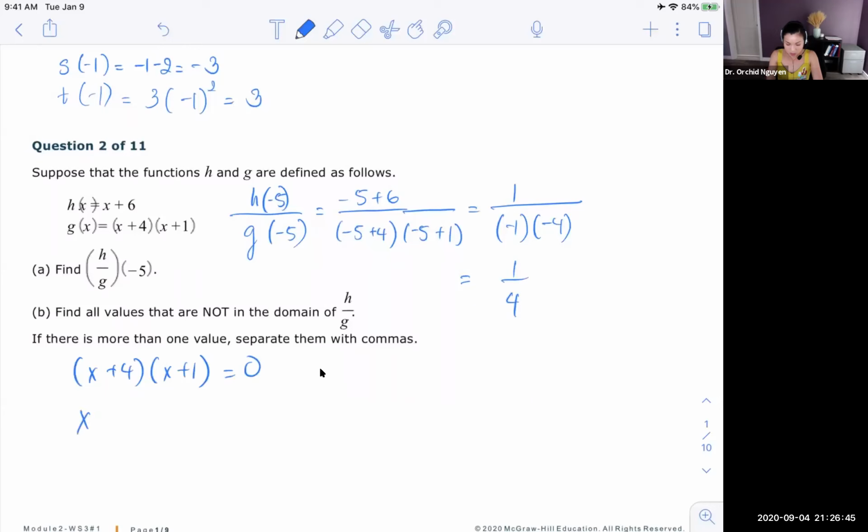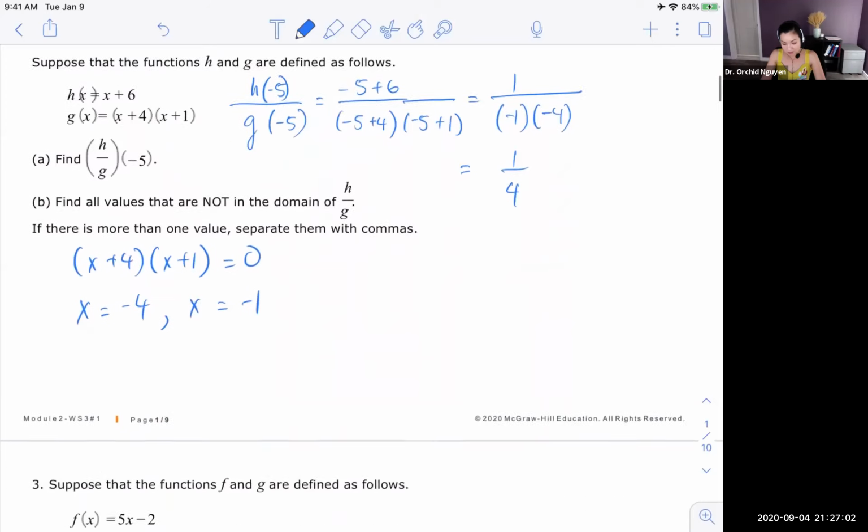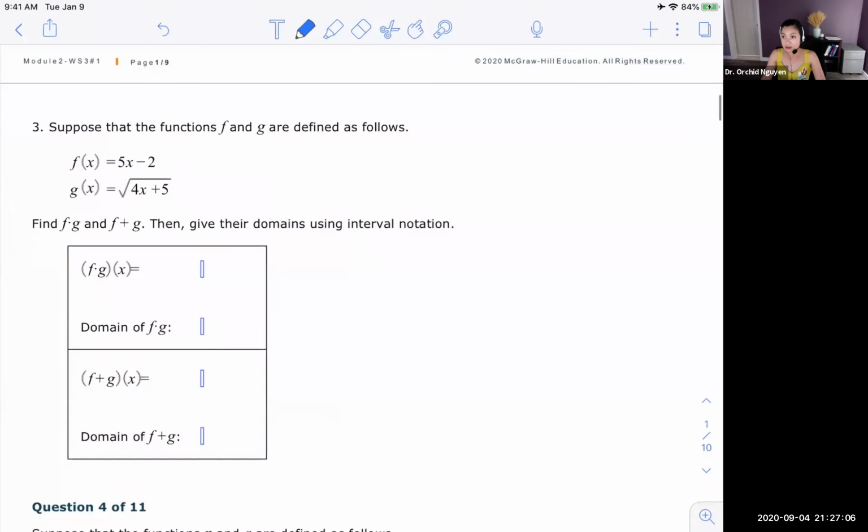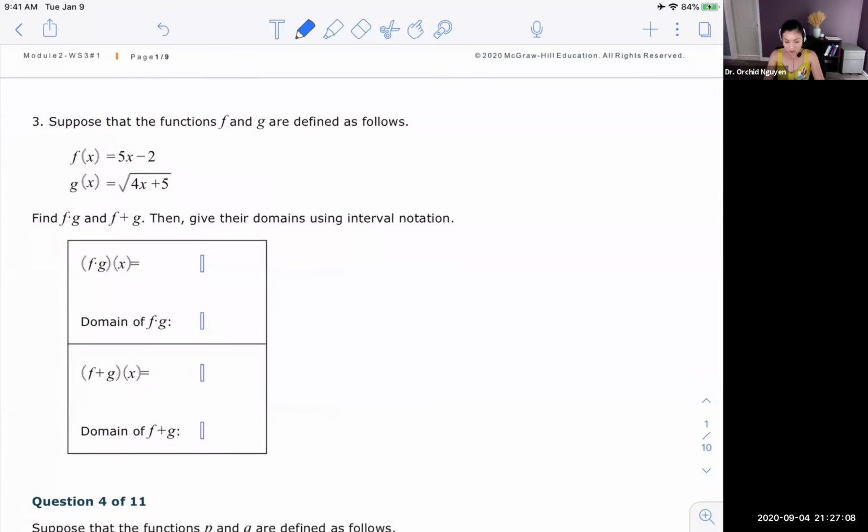So we know that we cannot have -4 and we cannot have -1. Because those 2 values are going to make the bottom equal to 0, and you don't want that. That's undefined for a fraction.